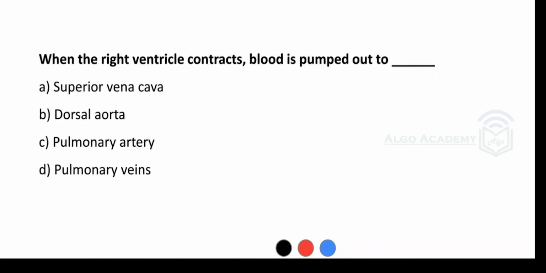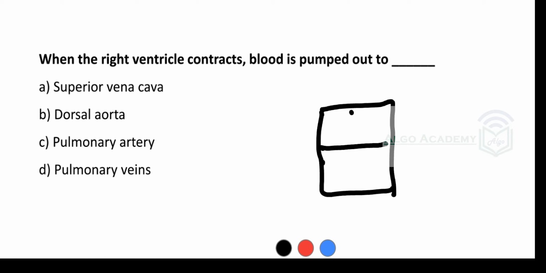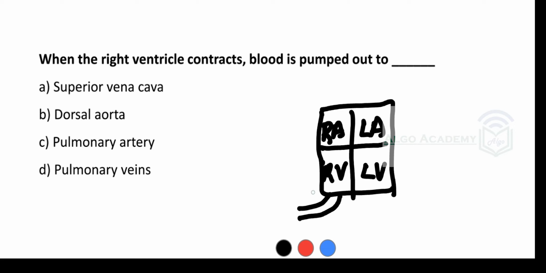So the question is, when the right ventricle contracts, blood is pumped out to? We can draw the diagram: this is the right atrium, this is the left atrium, this is the right ventricle and this is the left ventricle. When the right ventricle contracts, we know the right side is the pulmonary circulation. The vessel which carries blood away from the heart is an artery, so this is called the pulmonary artery.